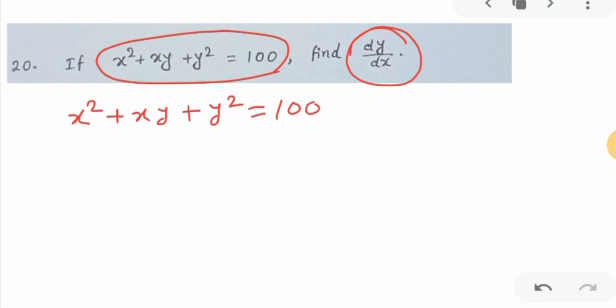Okay, so what will we do? We'll differentiate both sides with respect to x, since we have to find dy upon dx, the derivative of y with respect to x.